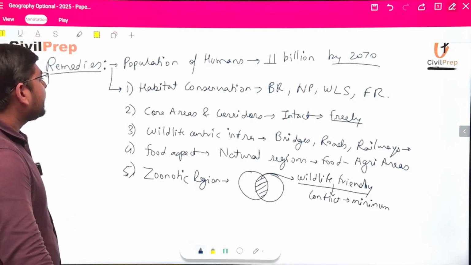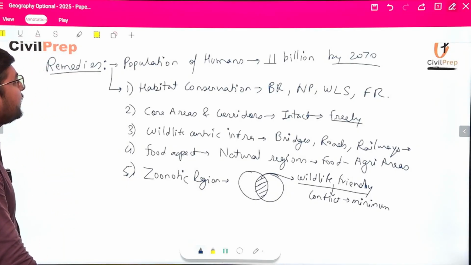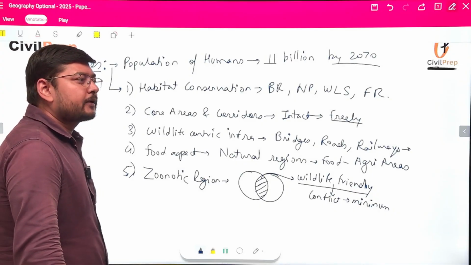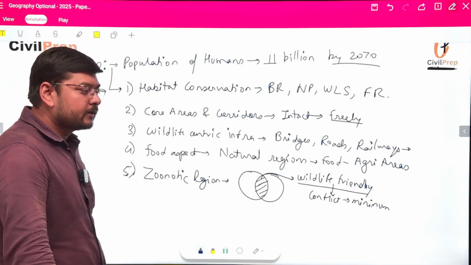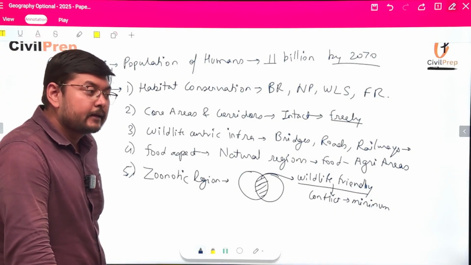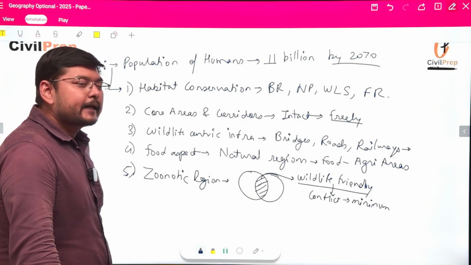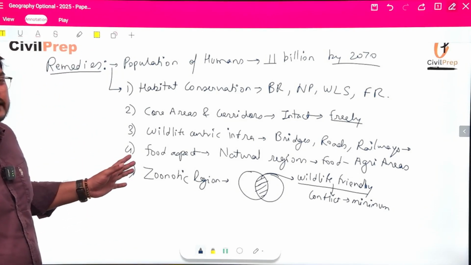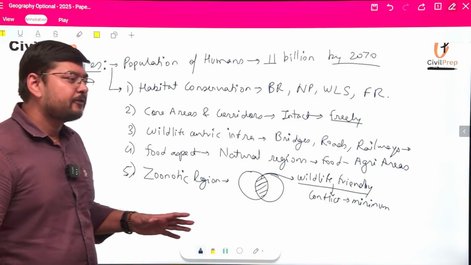We can go with various aspects for the conservation of animals, the conservation of habitat, the security of food for the animals, and looking at their health also, which will make them happy, and the humans can also live freely here.